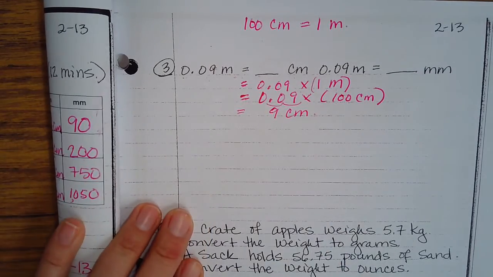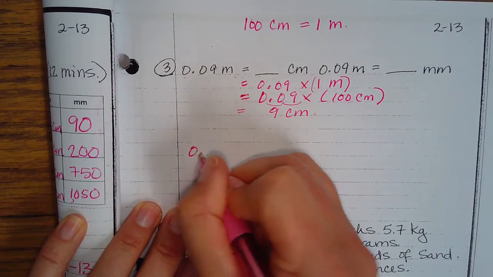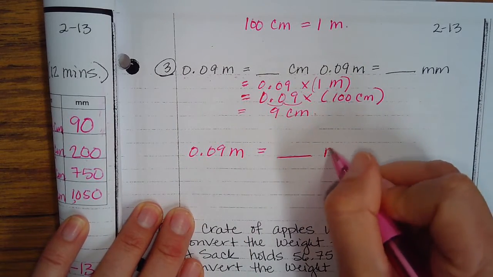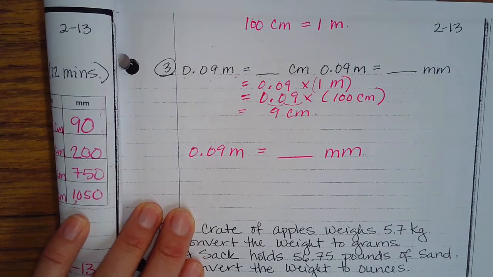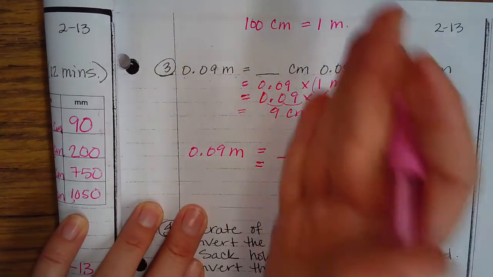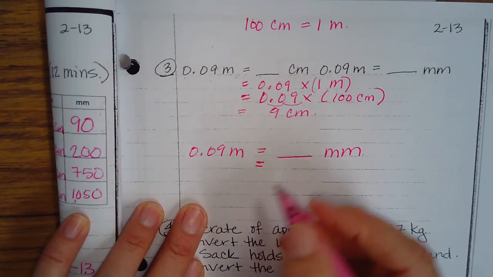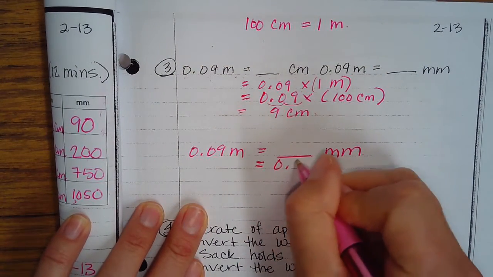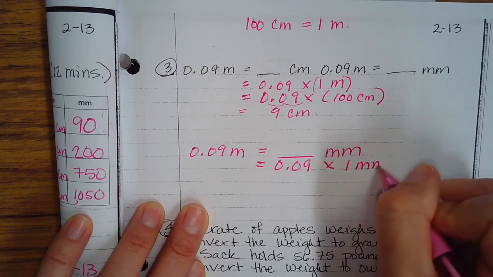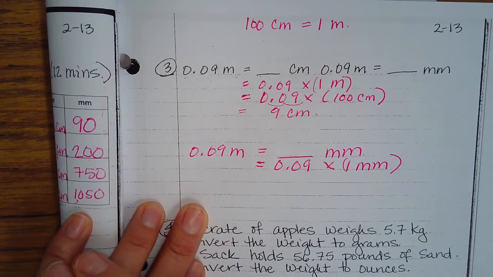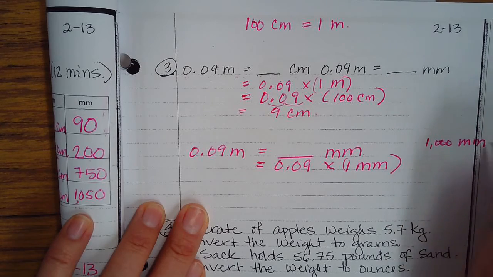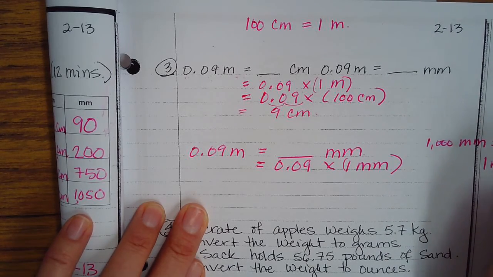Okay? Now let's take 0.09 meters and let's turn it into millimeters. So let's line up our problem using our equal sign as our line up point and go 0.09 times 1 meter. Well, we know there are 1,000 millimeters in 1 meter.